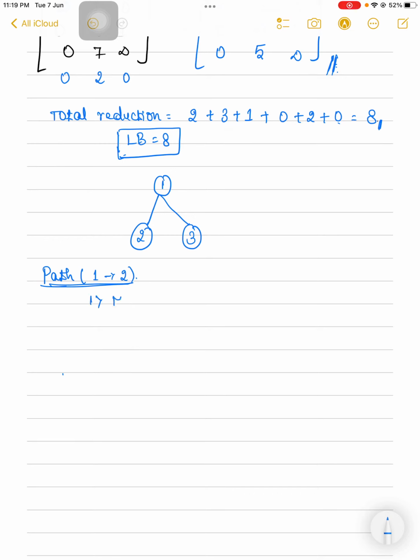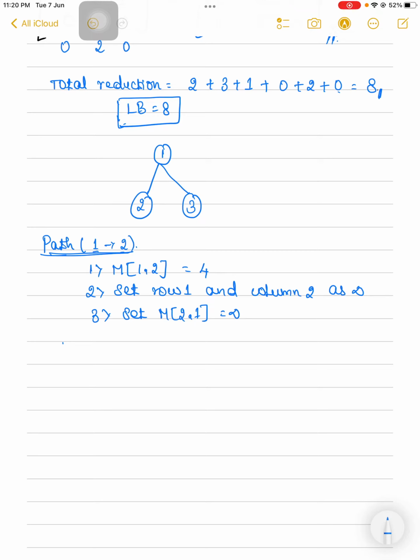Second step is set row 1 and column 2 as infinity, because it is from 1 to 2. Third step is set matrix entry 2, 1 as infinity. So first step is where we fetch the value of 1, 2 and store it. From which matrix are we supposed to start?